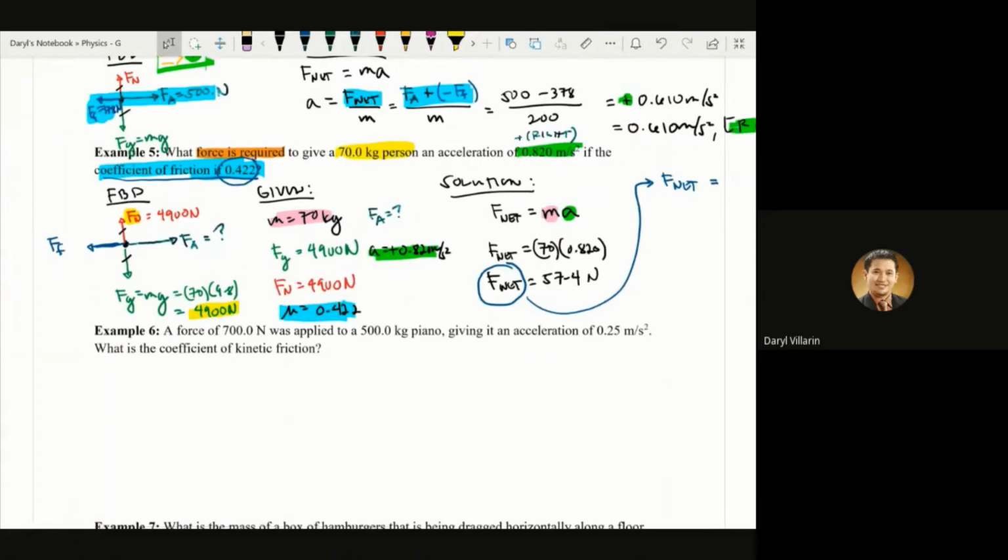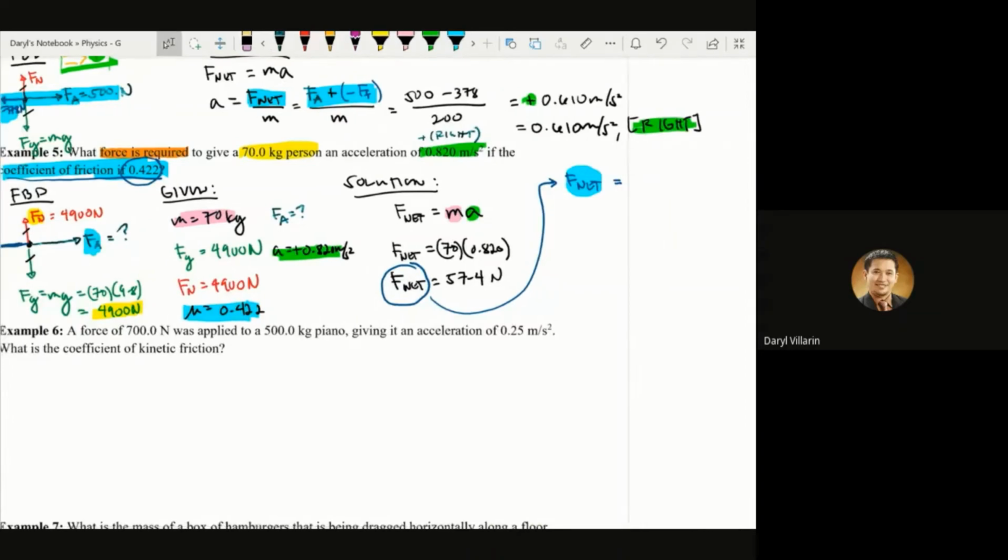Well, if you can see here, the net force is made up of your Fa and Ff. So you have Fa, which is positive, since I use the direction to the right as positive, and then plus, well, this should be negative Ff.